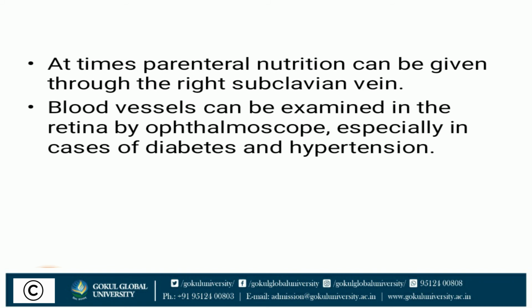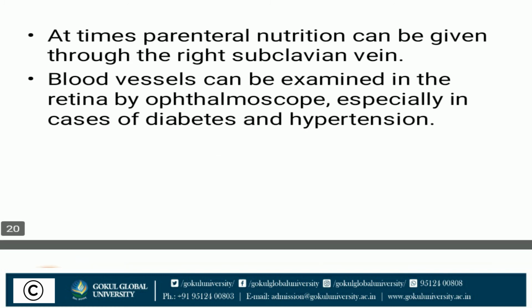In this procedure, nutrition which is essential for living, like protein, carbohydrate, fat, etc., should be provided to the body through the right subclavian vein. Blood vessels can be examined in the retina by ophthalmoscope, especially in cases of diabetes and hypertension.